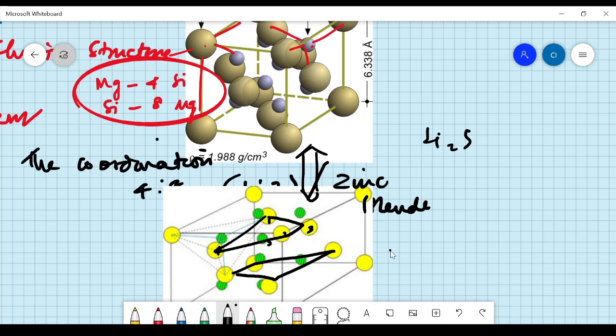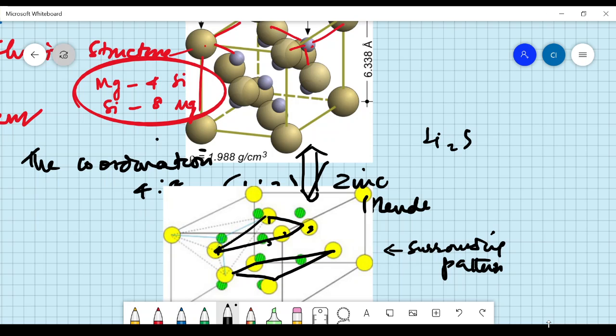It only talks about the surrounding pattern. So in short, I'm summing it up. The calcium fluoride structure has a stoichiometry of type AB2, and if the radius ratio crosses 0.5, the simple cubic structure gets converted into the calcium fluoride structure.